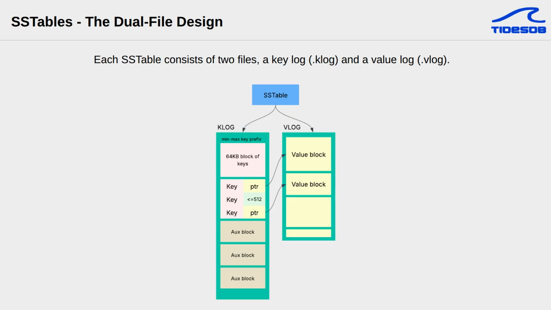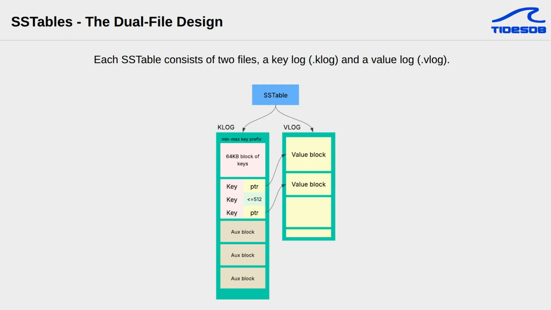The value log has different size blocks and holds only values over 512 bytes, and on reads we'll retrieve that value from the value log if it exceeds 512 bytes. This allows for the key logs to be rather compact, and having the fence min and max in each 64 kilobyte block enables us to have block indexes.